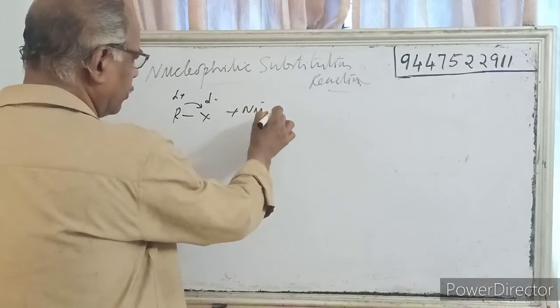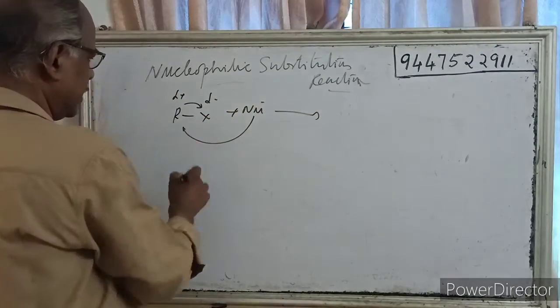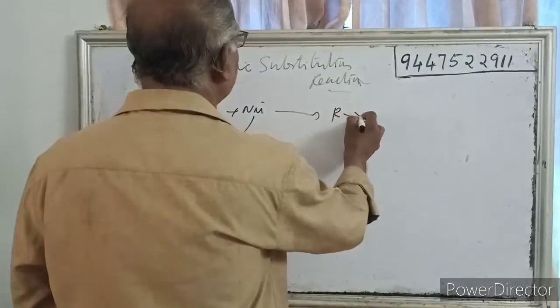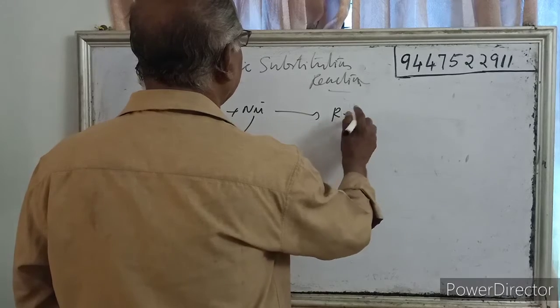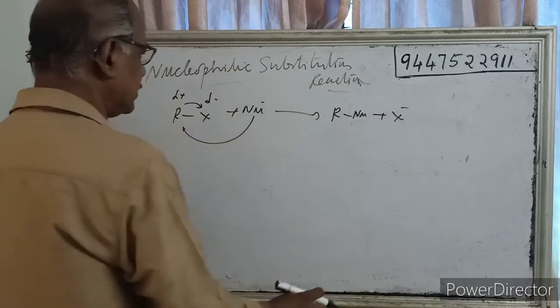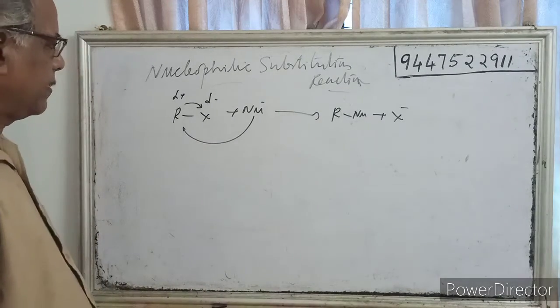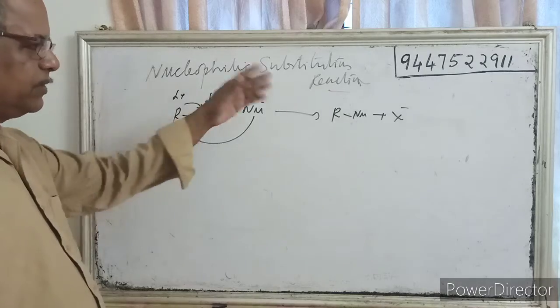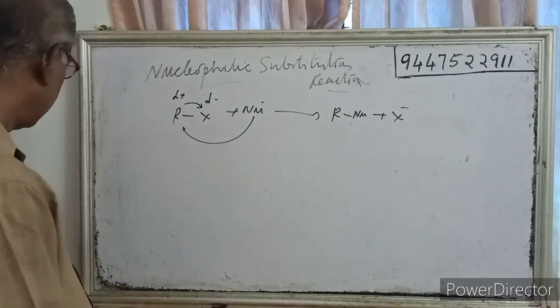When you treat it with a nucleophile, the nucleophile will be attached to the alkyl group to give R-nucleophile, and the halogen will be eliminated as a negative ion. That is the reaction. The nucleophile is added to the alkyl group while the halogen is eliminated.